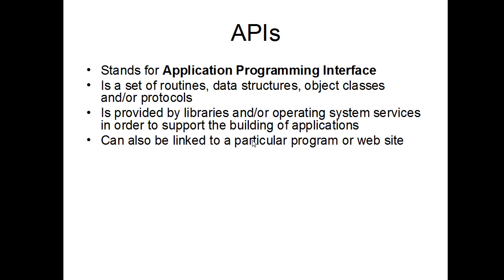It's the case of the Windows API, but it also can be specific to a particular program or website. For example, Google is providing several APIs for Google Maps, Google Earth, and so on. DirectX is an API. It's used to interface with the graphic cards.